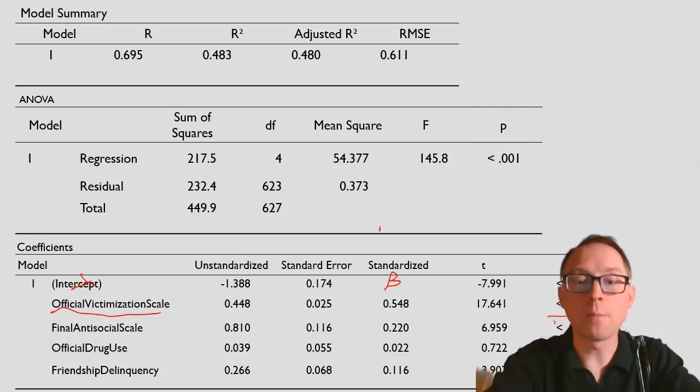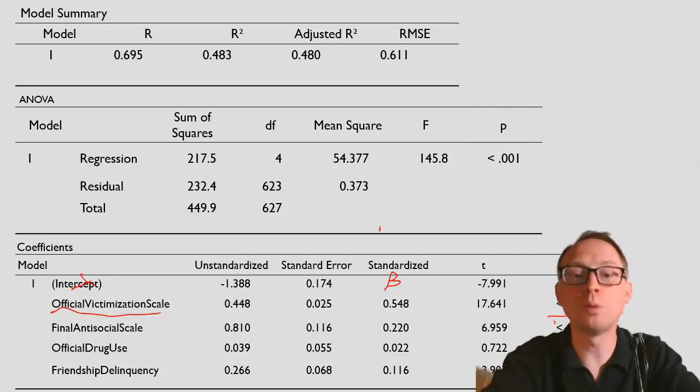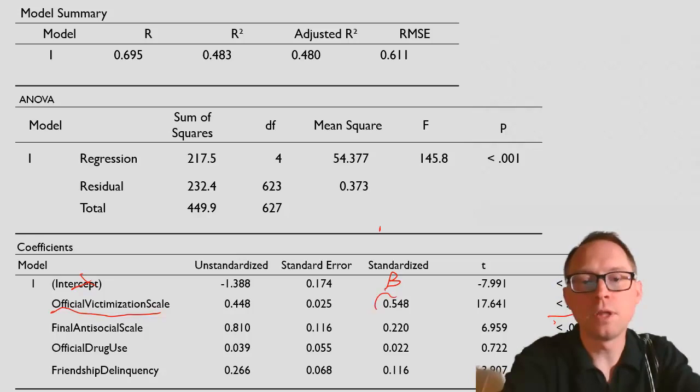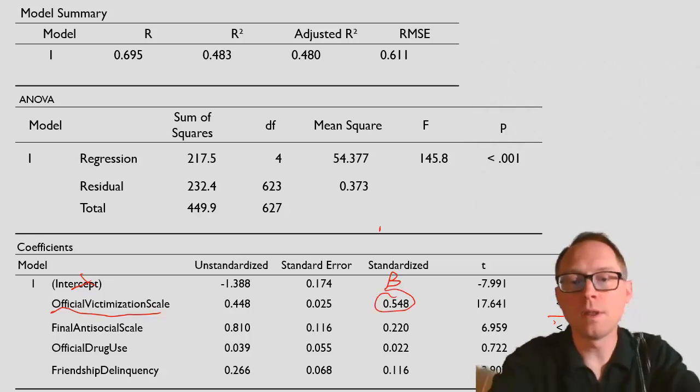That means that how much you've been victimized by other bullies is going to predict how much you bully. That's what this says. In fact, this number is bigger than all the rest. It's saying that it is the biggest predictor, right? It has the most effect, the biggest effect size of any of those.